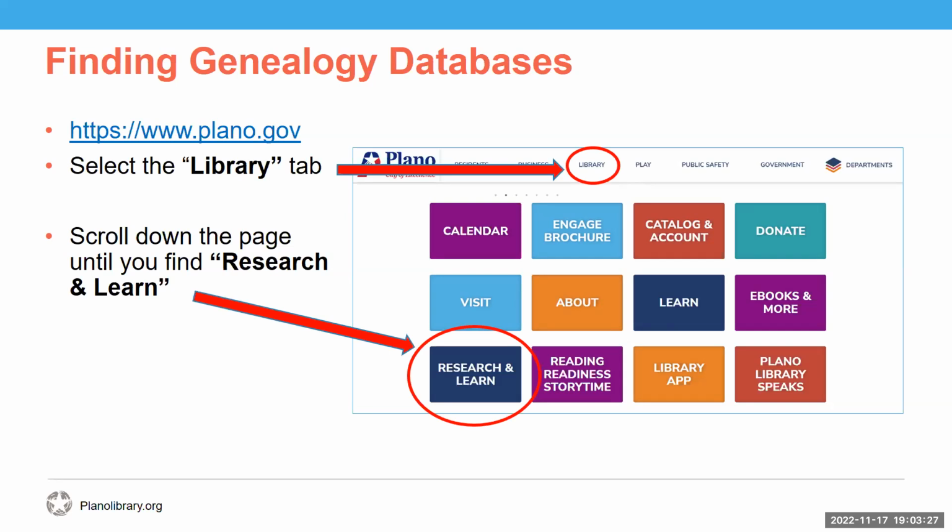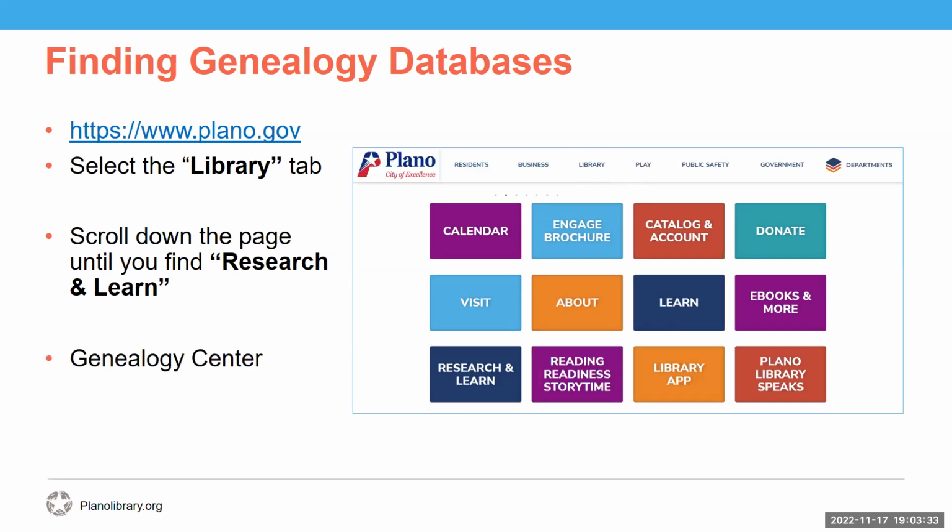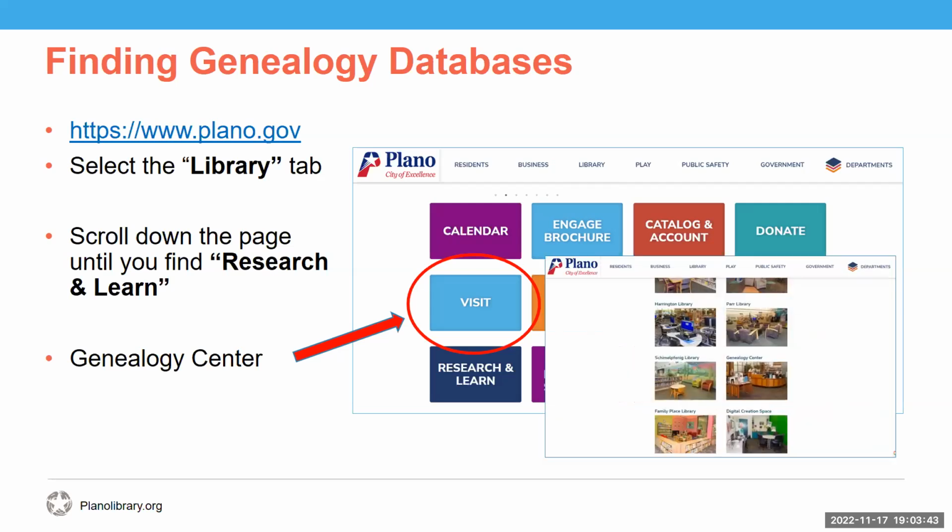right there. And you may also notice the Visit tab, and don't forget to go to the Genealogy Center under the Visit tab or button. You'll open up the Visit menu, find the Genealogy Center, and that'll take you direct to the Genealogy Center, our whole host of resources that we have available.